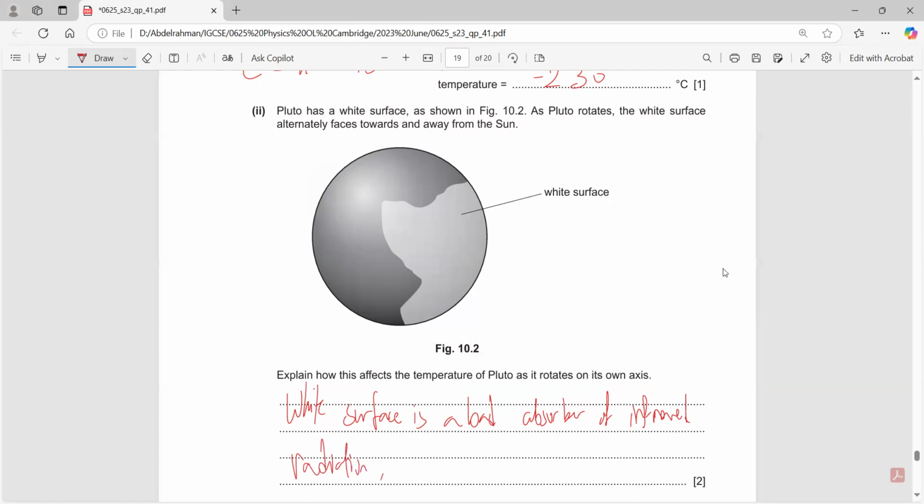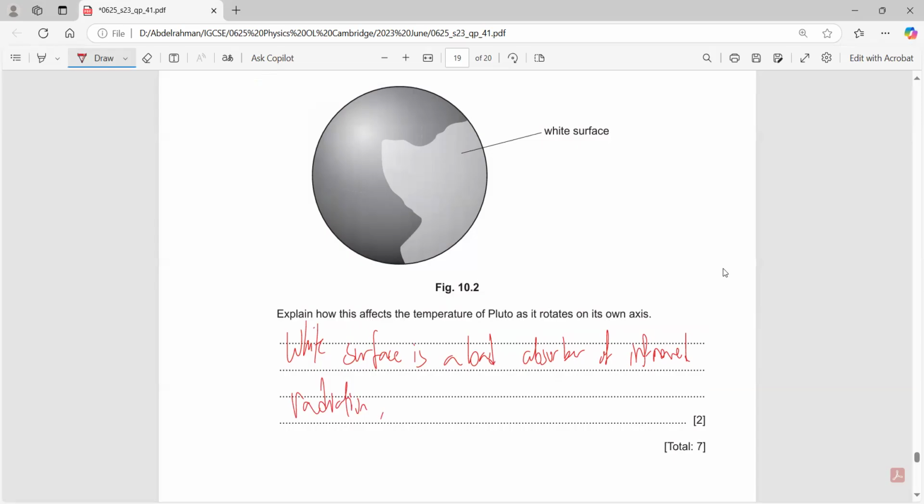That's why the temperature increase wouldn't be as much as with the black surface. It would be less.